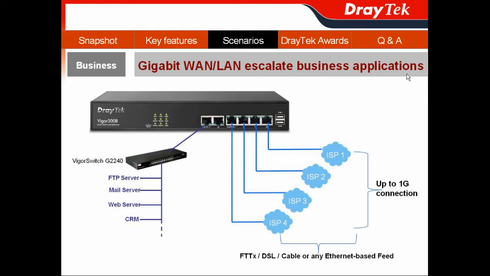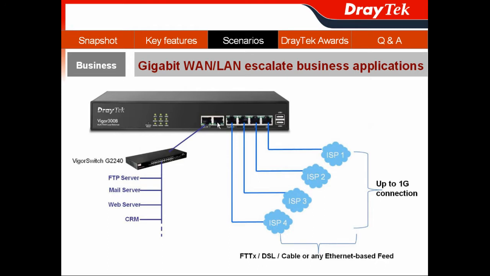First, you see a multi-WAN load balancer connected to different ISPs for WAN load balancing and failover, and its throughput can give you up to 1 giga connection. It can allow different internet feeds like FTTX, xDSL, cable, or any kind of Ethernet-based internet feed as its internet connection.